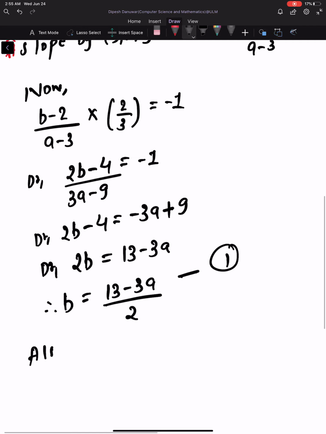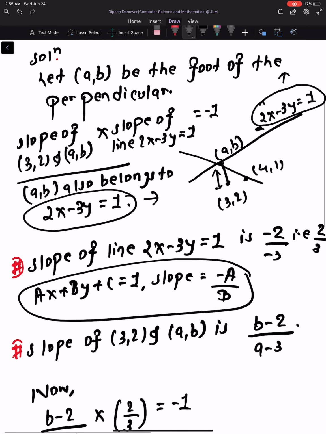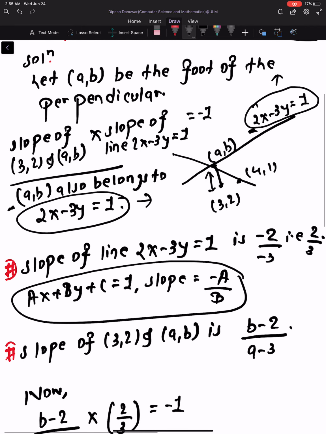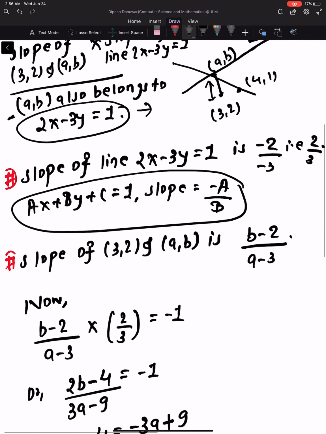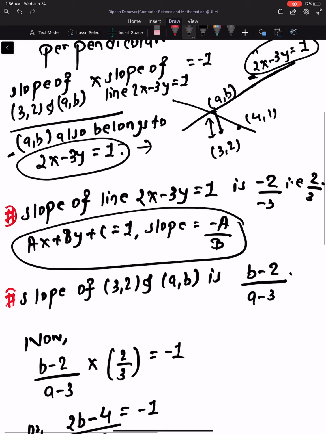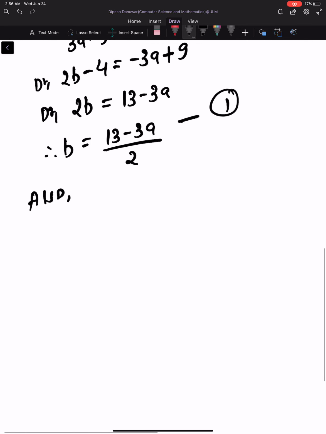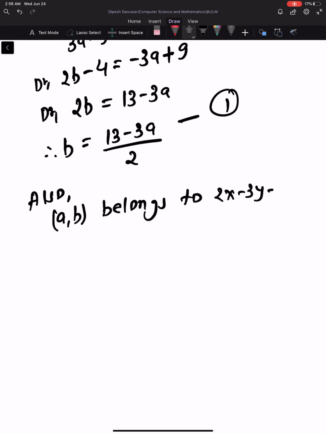Also, we know that (a, b) belongs to this line, which means the coordinates x and y can be (a, b) here. So (a, b) belongs to 2x minus 3y is equal to 1.